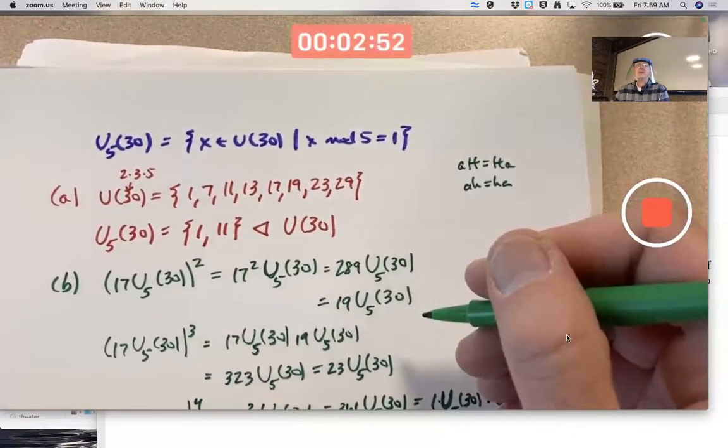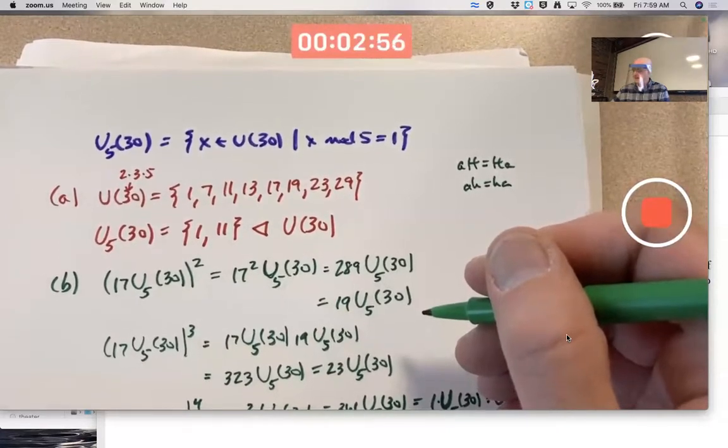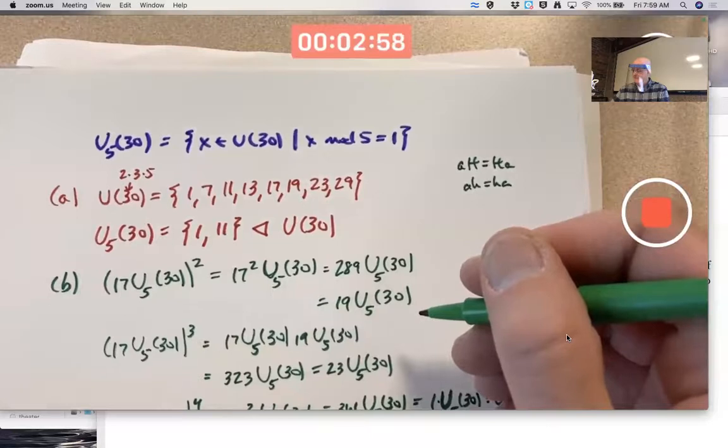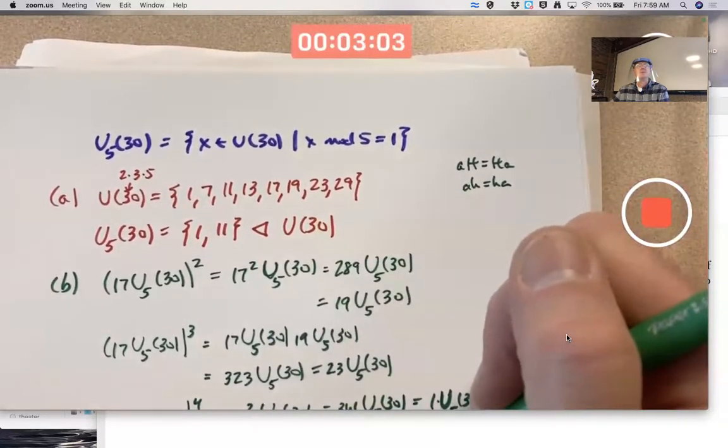So certainly in abelian groups, all subgroups are normal. So you can go ahead and write the triangle instead of just a less than symbol to emphasize a normal subgroup.